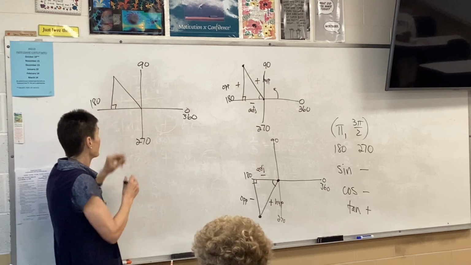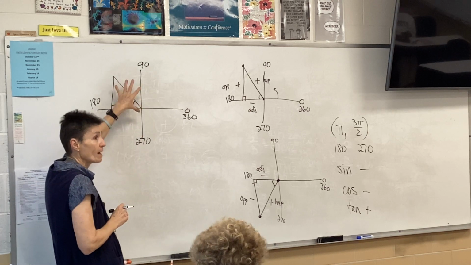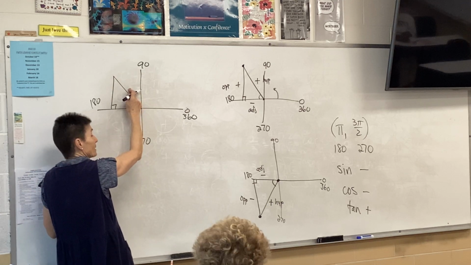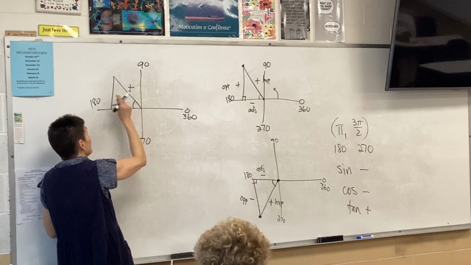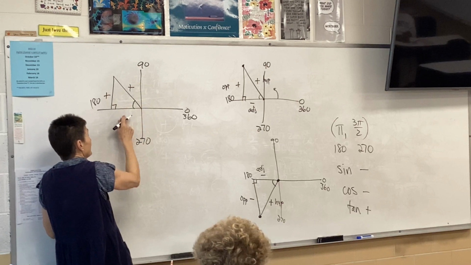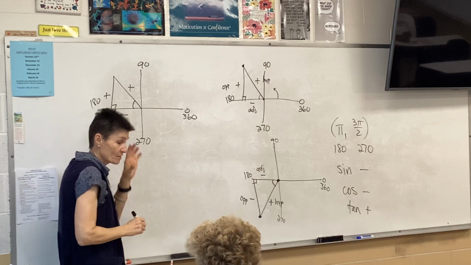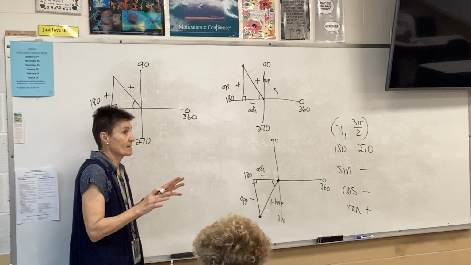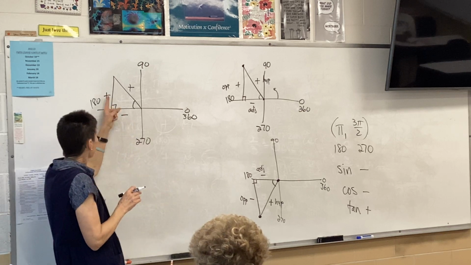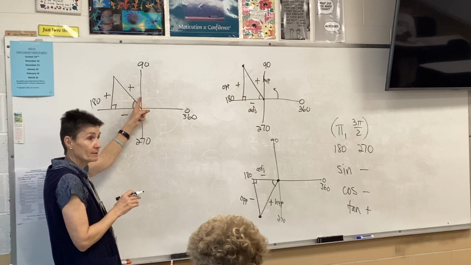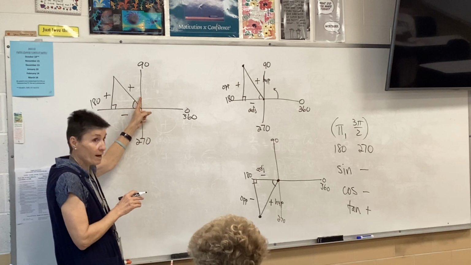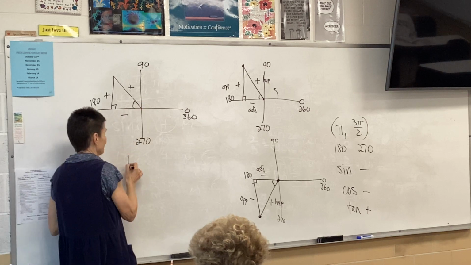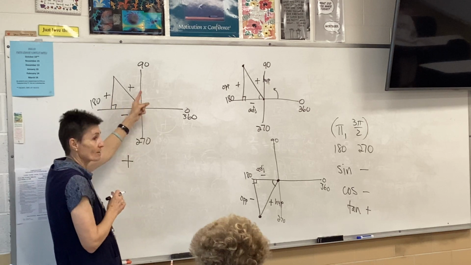In this triangle, remember this is your angle, tell me about the sides. Right here, positive or negative? Positive. Here, positive. Here, perfect. Now, for this particular problem, I only want the sine. So sine is opposite over hypotenuse. So the sine is going to be positive, because it's plus over plus.